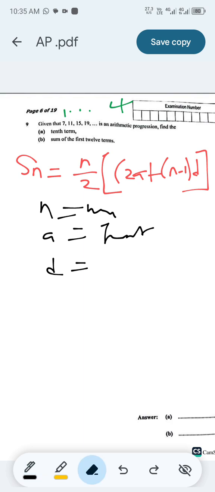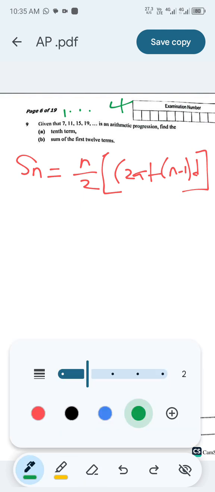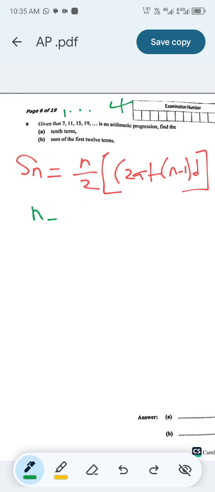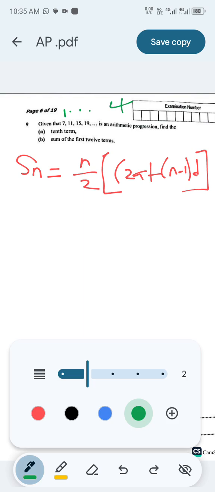So now let's calculate the sum of first 12 terms. First of all, let's identify what n is. n is basically 12, because those are the number of terms we're looking for. The first term is 7, and then the common difference we found is 11 minus 7, that was 4. So if we have everything, then we can start calculating.